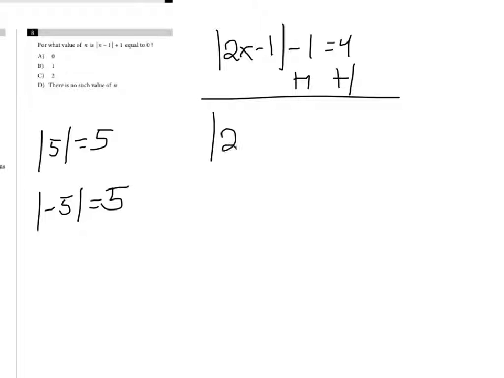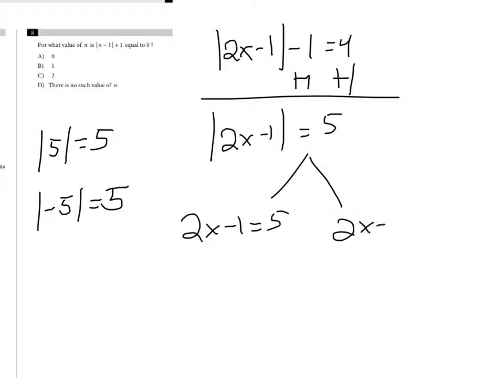So absolute value of 2x minus 1 equals 5. Once there is nothing else being added or subtracted or multiplied or divided with my absolute value, you can split up the absolute value and say this is 2x minus 1 equals 5, and also 2x minus 1 equals negative 5.